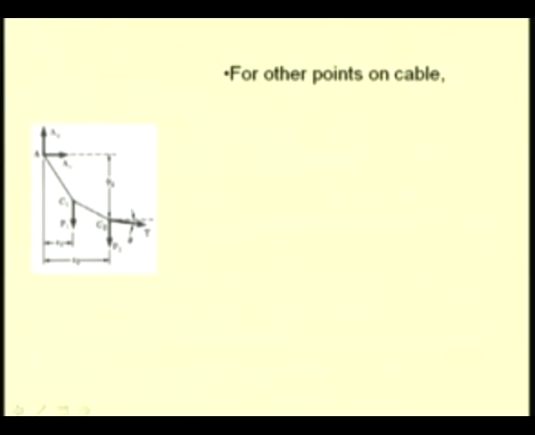The tensile force T is both unknown in magnitude and direction. So, we mark the same as both Tx and Ty as unknown, and we also do not know this y coordinate, that is the location of the point of concentrated load in the vertical direction.